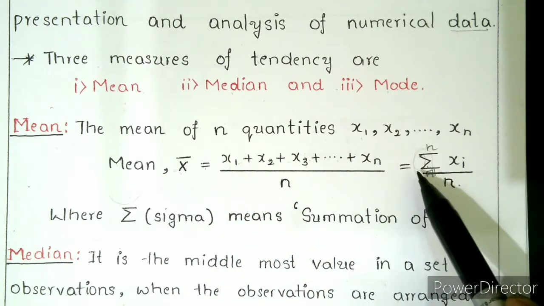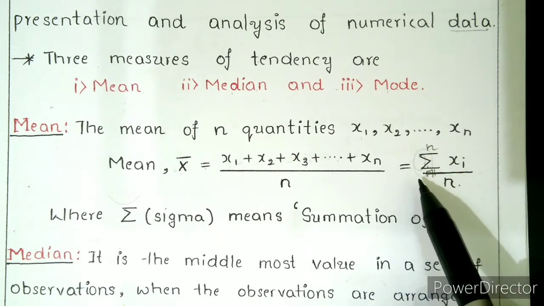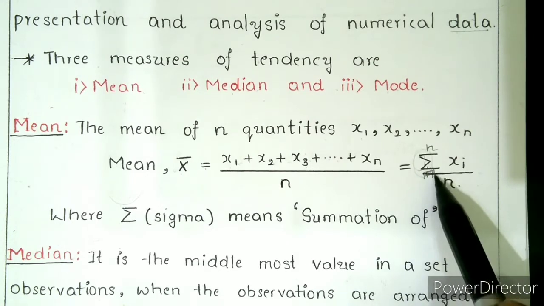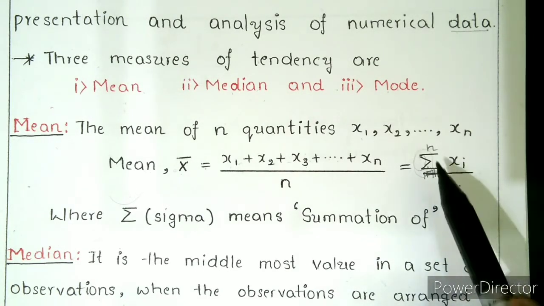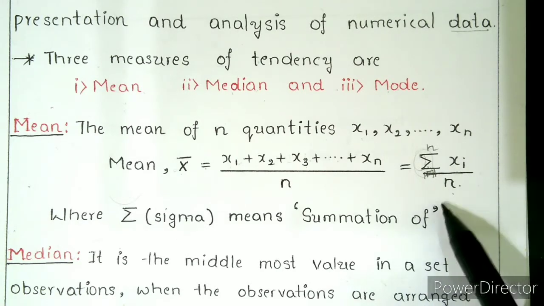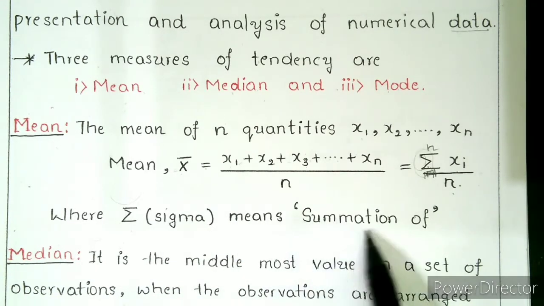Simply, you can write it using the symbol sigma: summation i equal to 1 to n of xi, divided by n, where sigma means summation of.